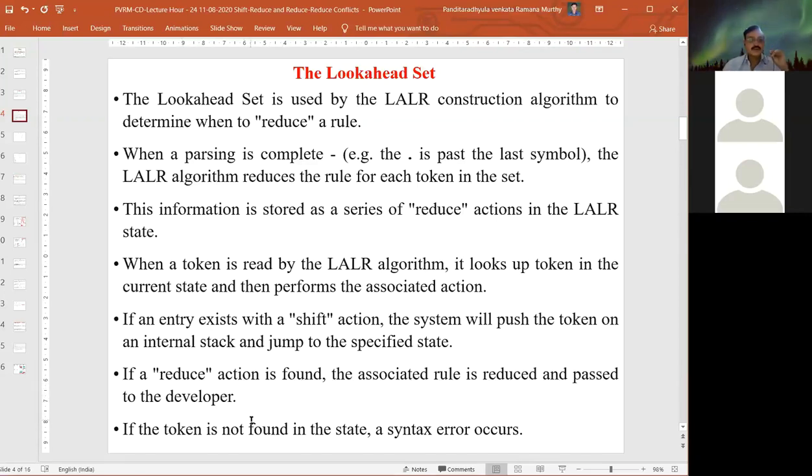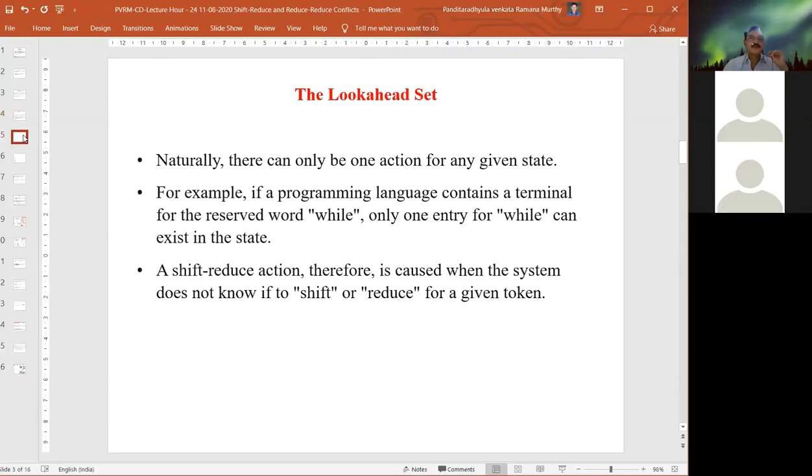If the token is not found in the particular state column, for a corresponding terminal or non-terminal, then a syntax error will occur. The lookahead set normally has only one action for any given state.